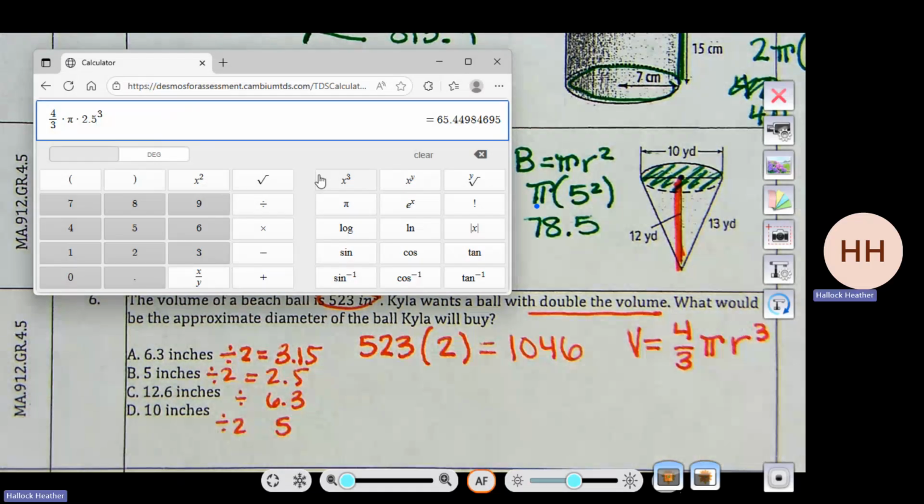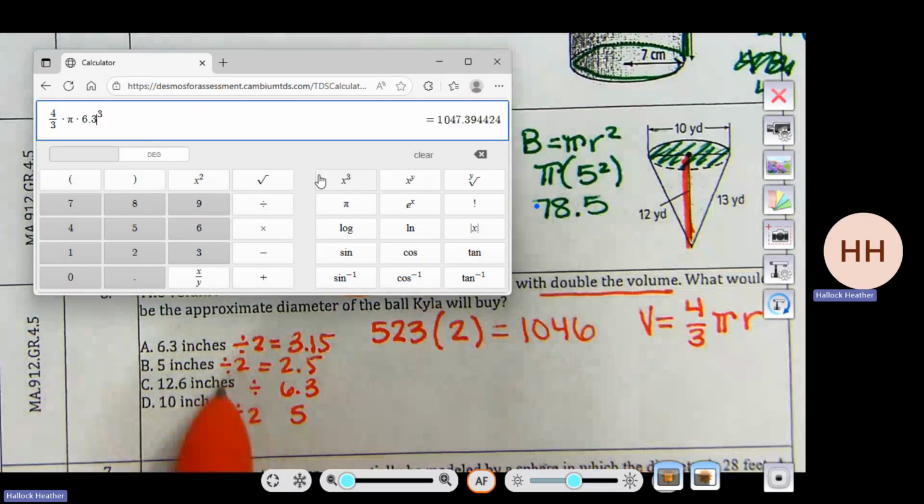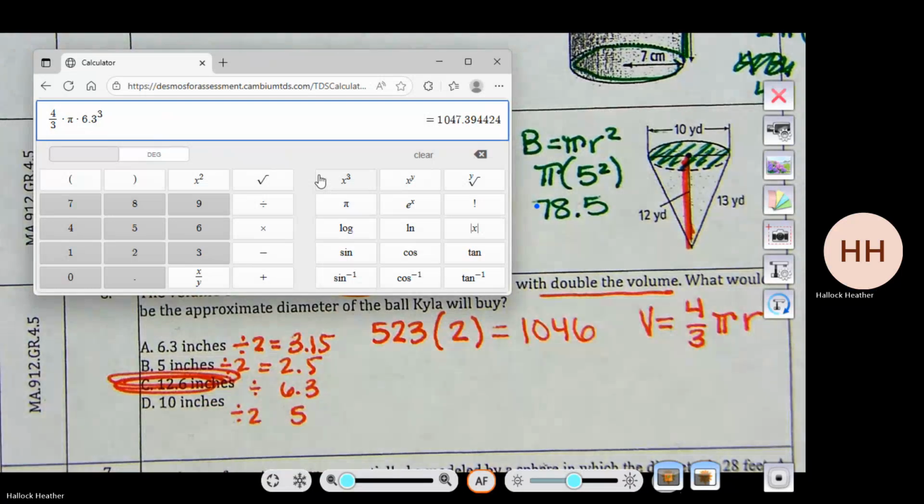That's not close. Next, 6.3. 1047. Oh, that one's really close. So it's probably C. I'm going to try the last one just in case, which is 5. Yeah, so C is the answer.